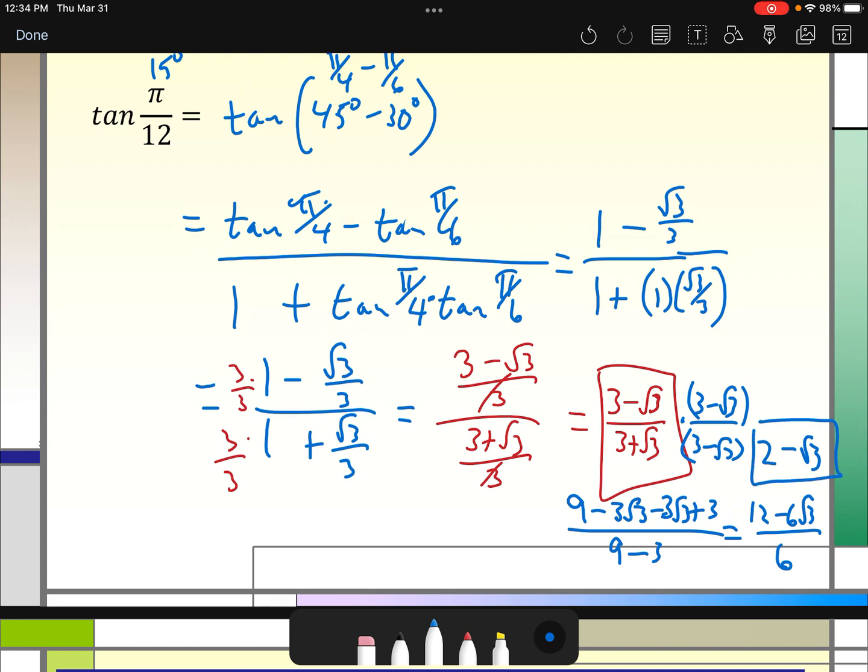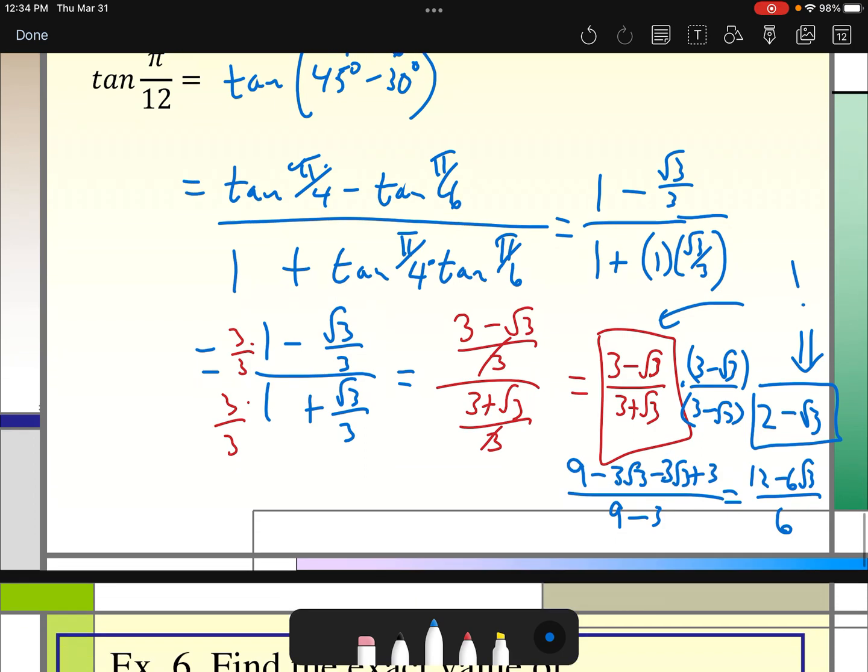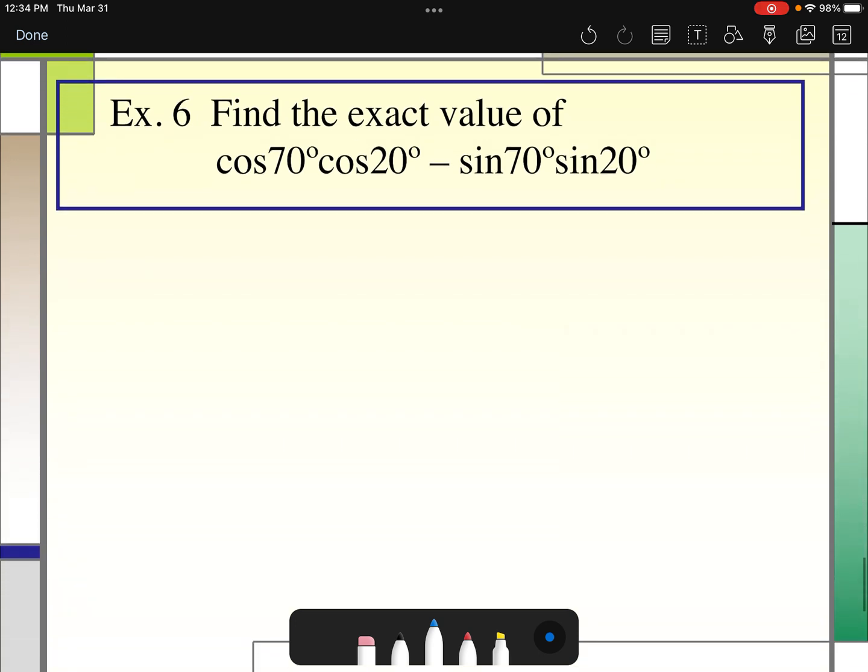That is the actual answer. I believe on the final we can leave it like this if we get one of these on the final. But this is sure a lot prettier. Is it not? 2 minus radical 3?